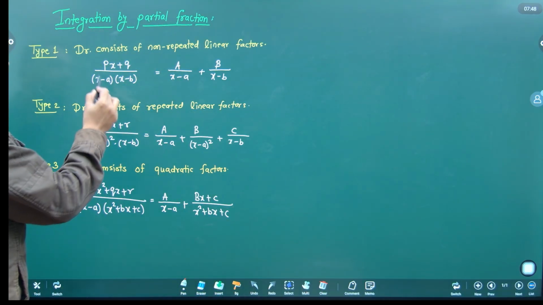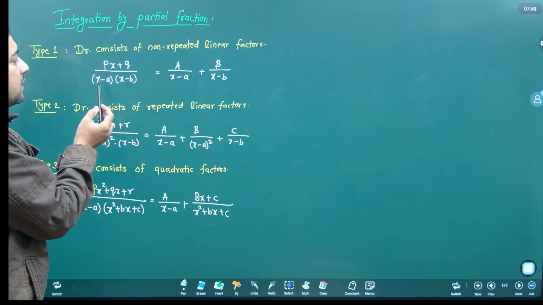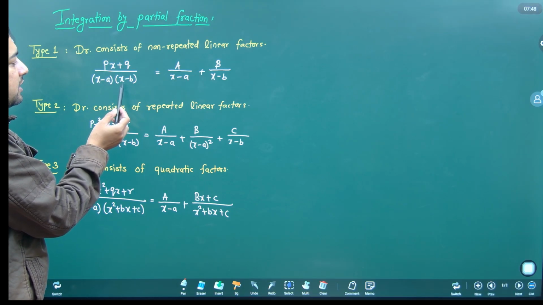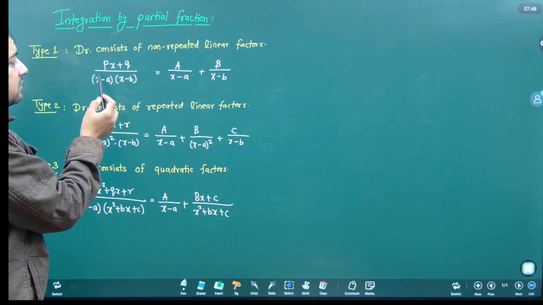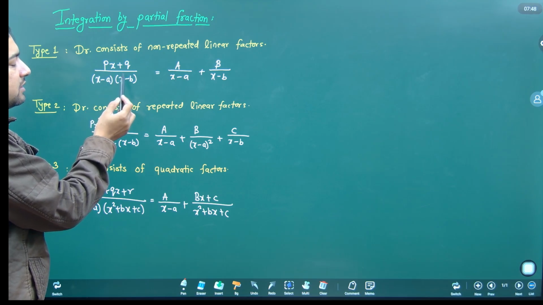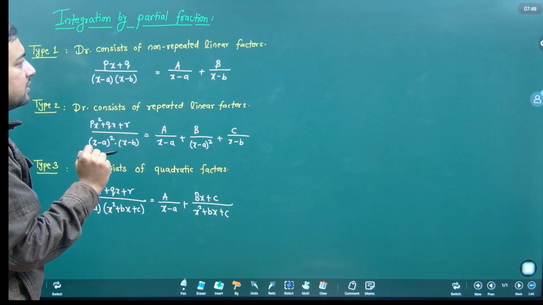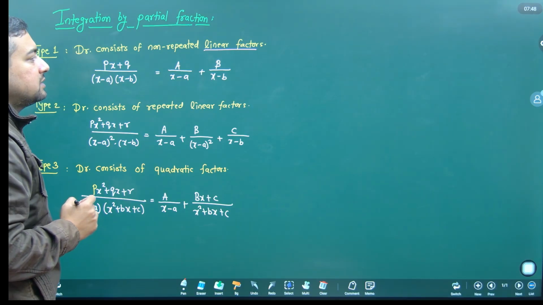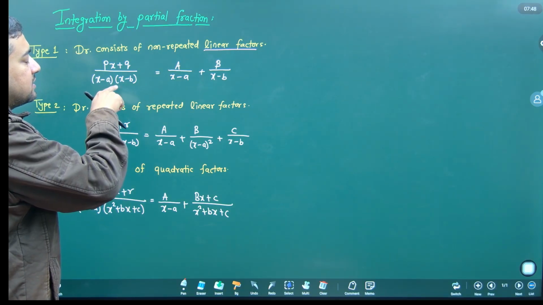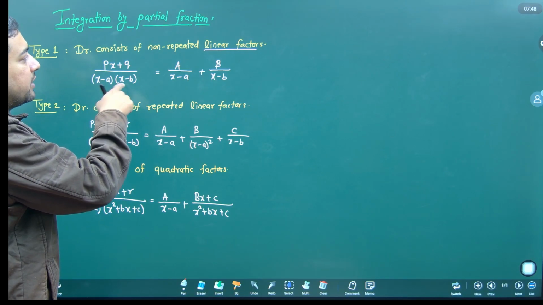See, if you consider this fraction, the denominator has two factors, x minus a, x minus b. What is the power here? X minus a, what is the degree? 1. X minus b, what is the degree? Degree of variable, it is 1. So it's a linear factor. Is this repeated? No, it's a non-repeated linear factor.